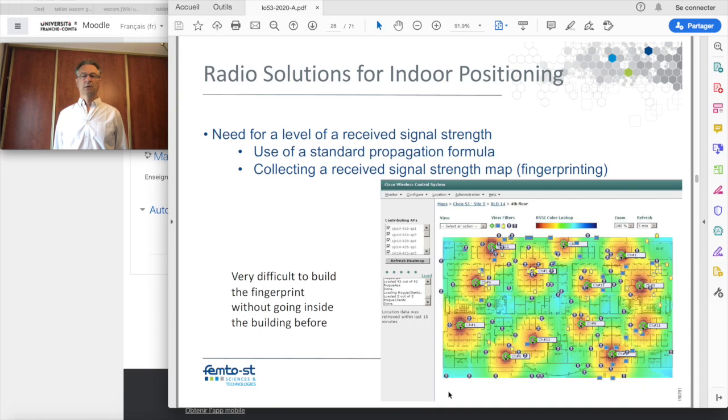But you can also use a standard propagation formula, but according to the building, you can introduce a lot of errors.